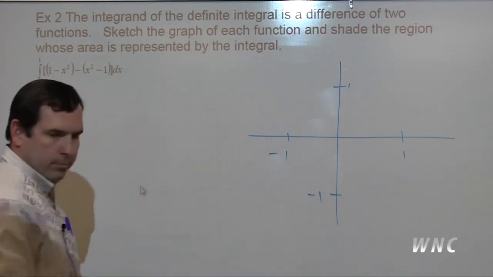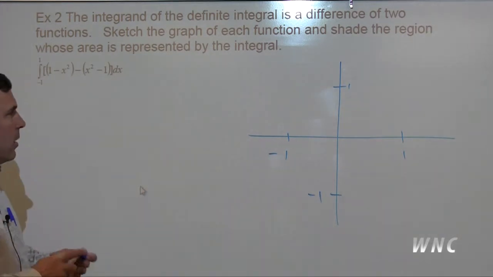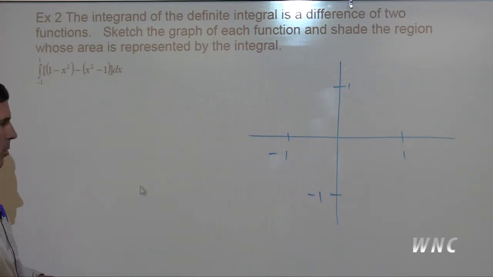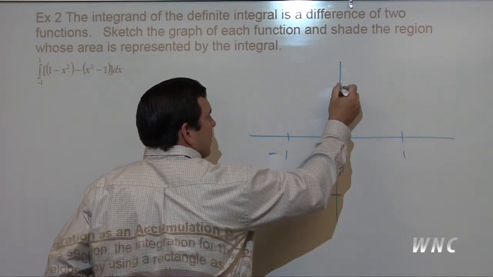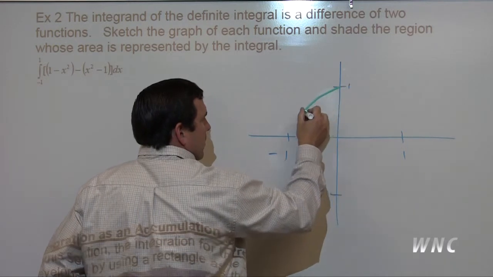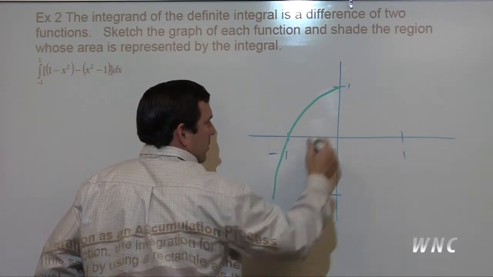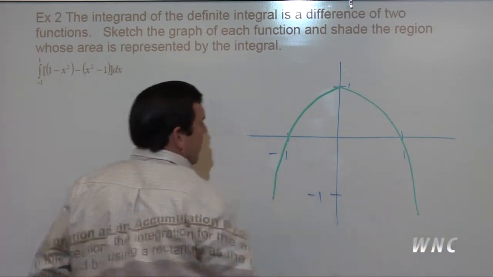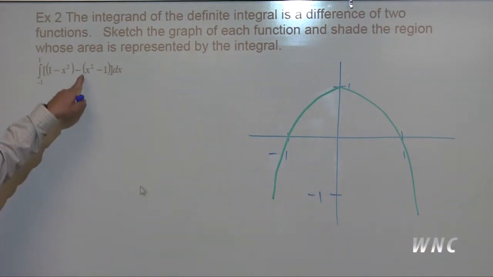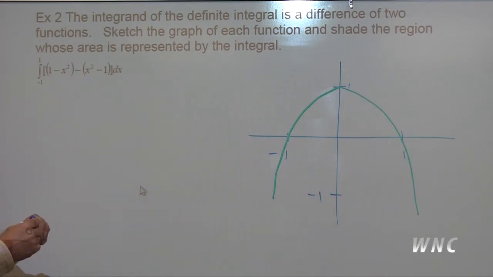There we go. So we have a parabola opening down. And then we have another one which is defined to be x squared minus 1. That's a parabola opening up.